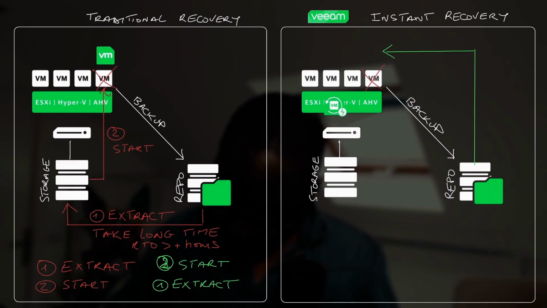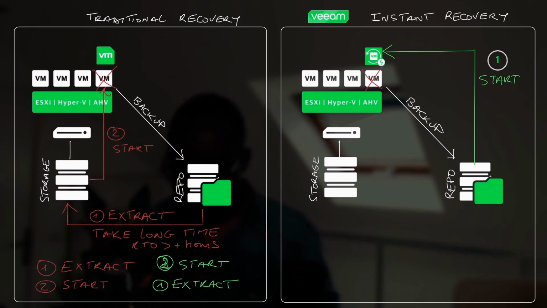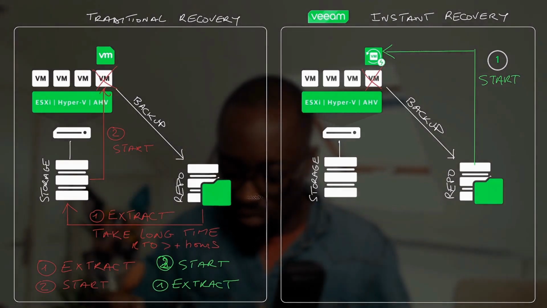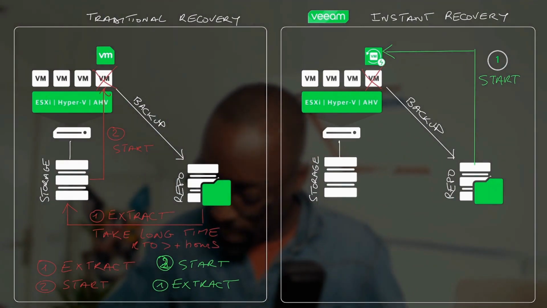And so this first step is our startup step. Start. We start by starting the machine directly from the backup without performing a restoration, which allows for a very quick recovery with an optimal RTO.